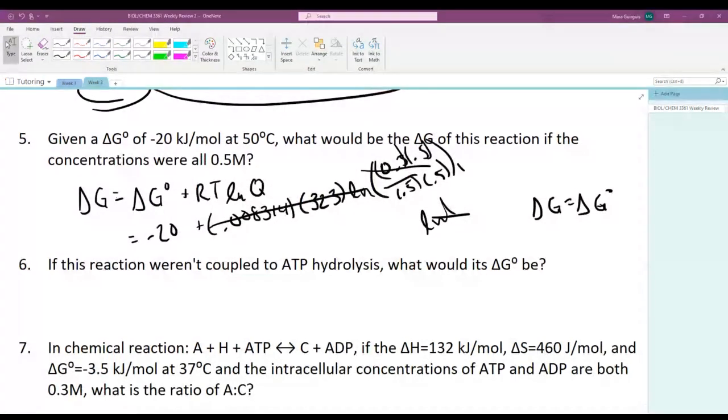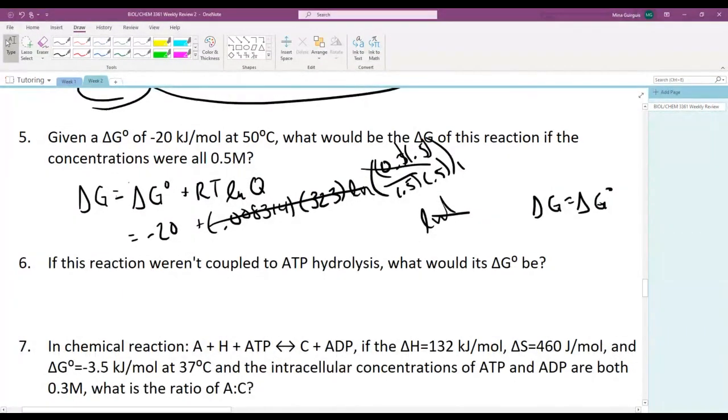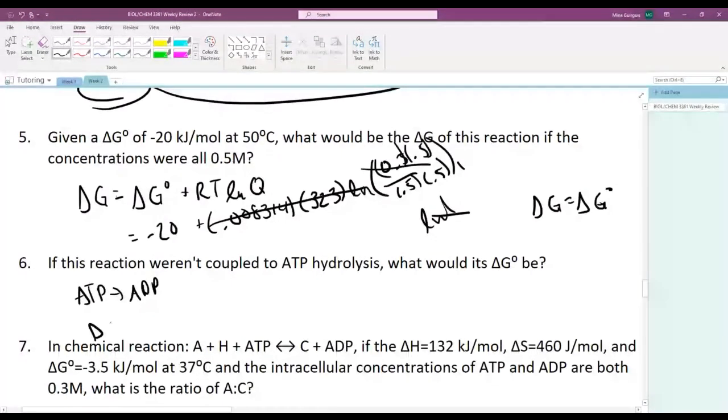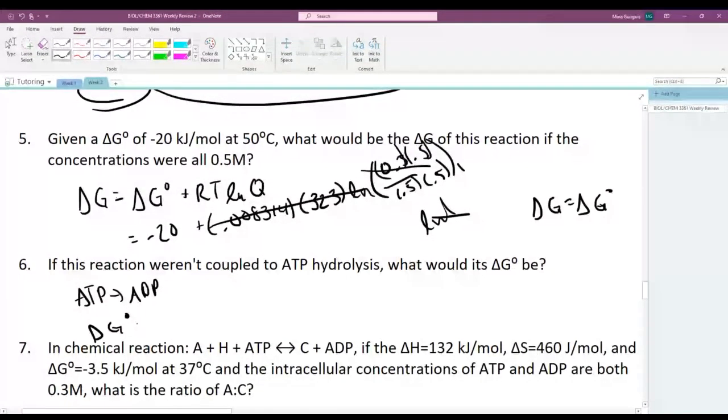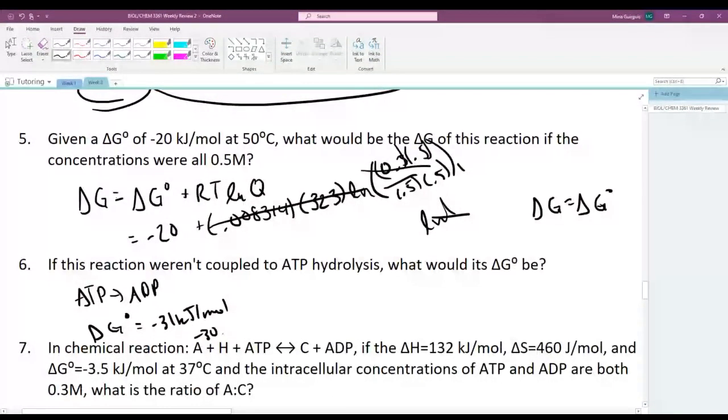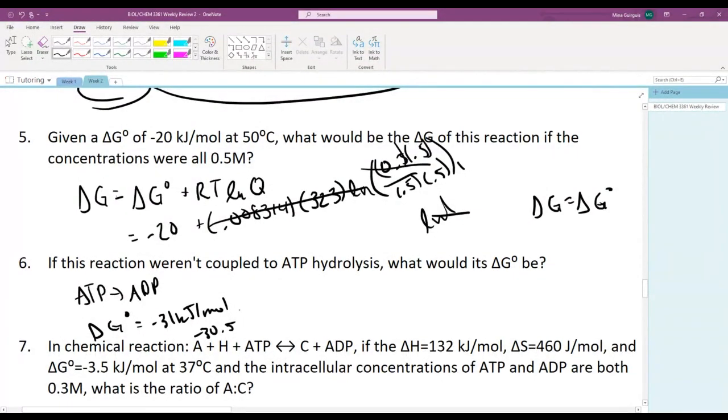The number that's most commonly thrown around is that for ATP to ADP, delta G naught equals negative 31 kilojoules per mole, or it's like negative 30.5. Either are used. I normally use 31 just because it's a whole number, but both are acceptable.